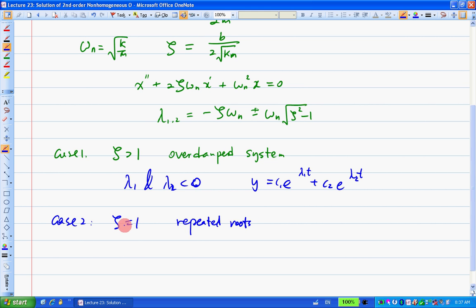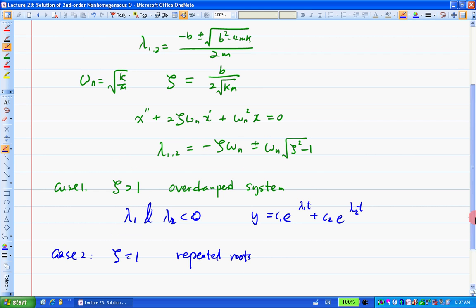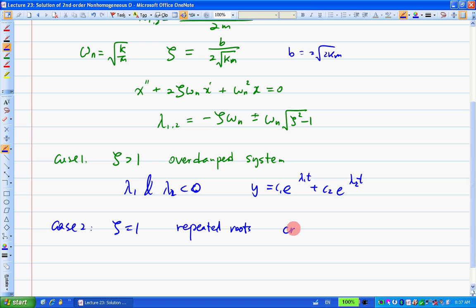For this particular case, when zeta equal to 1, b equals this term here. If you recall, we also had a definition called the critical damping ratio. So when b equals root this guy here, this is called the critical damping ratio.